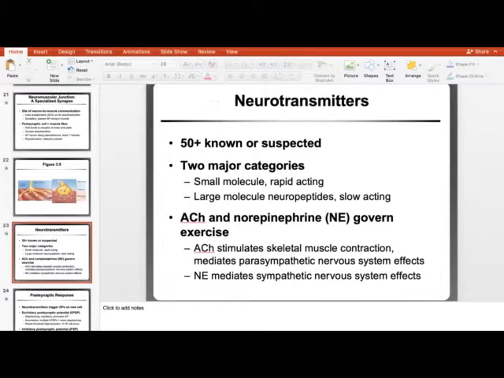Now, what's cool here is not only do you have neurons sending electrical signals, but all of a sudden you have hormones. And now the neurons are also connected with hormones, and you almost have a neural hormone system.